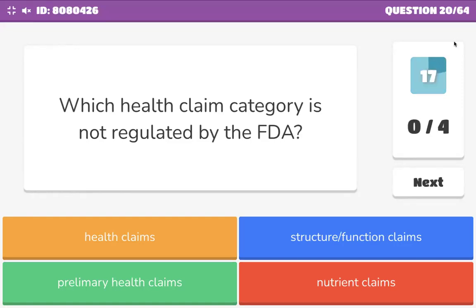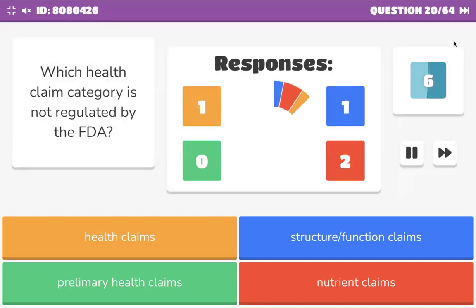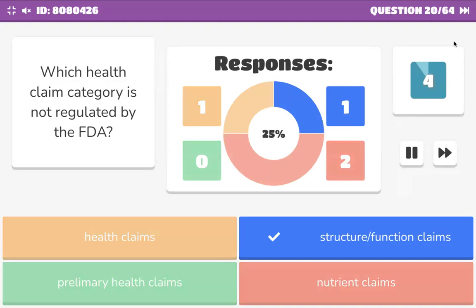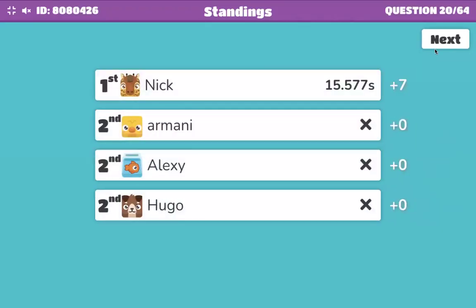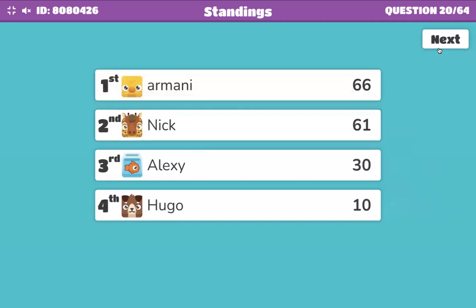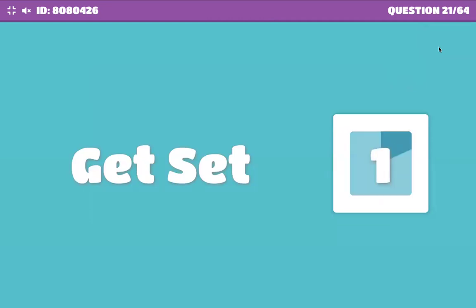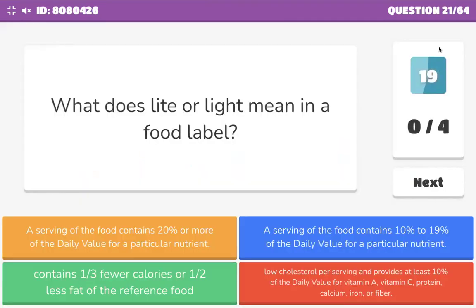Which health claim category is not regulated by the FDA? Structure and function claims. What does light or lite mean in a food label?